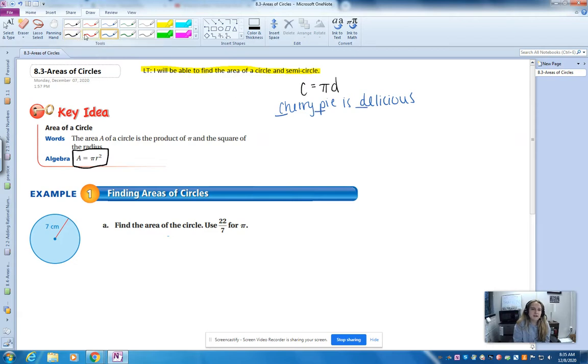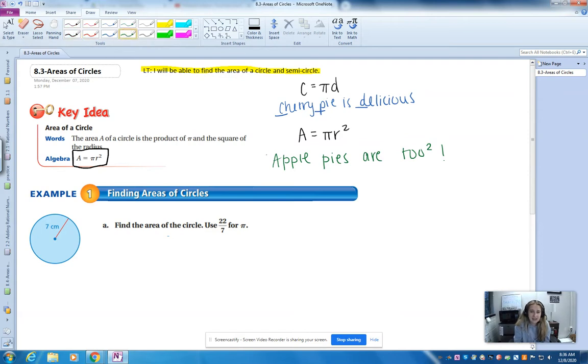And so to remember area, which is A equals pi r squared, we are going to say something like apple pies are 2. Okay, so we got to give apple pie some love too. We gave cherry pie some love, so now I got to give apple pie some love. So let's look at this.